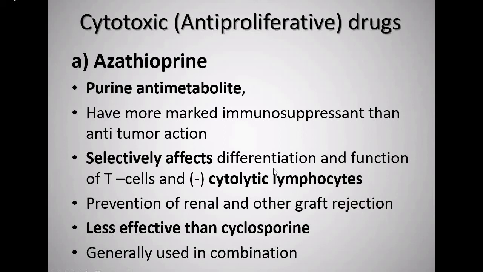Although always remember that the cytotoxic drugs are not very specific drugs. They are not target-oriented drugs. Generally, they kill all the cells because they have numerous effects. But azathioprine we can use in order to avoid the proliferation of the T lymphocyte, because when the T lymphocyte is inhibited, there will be no cytokine release.